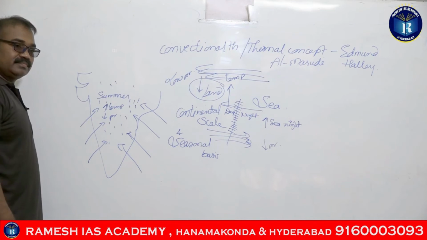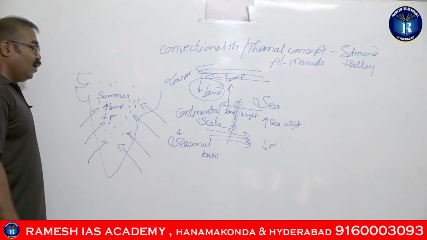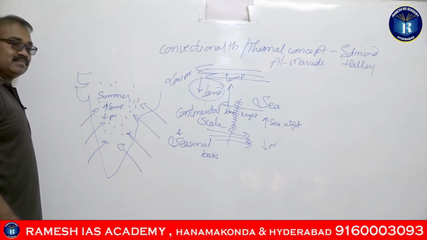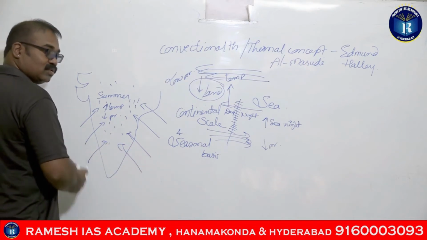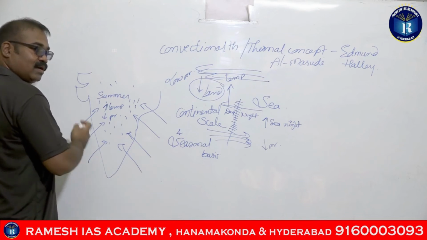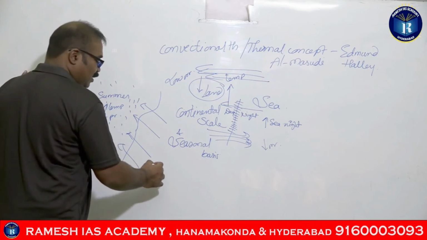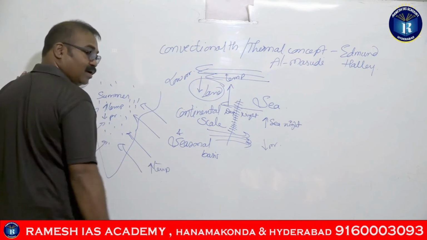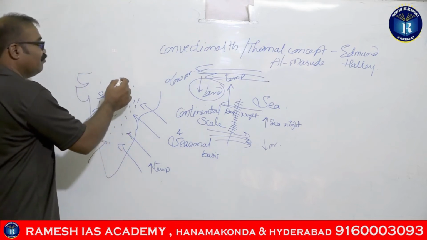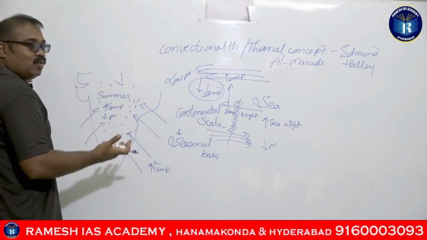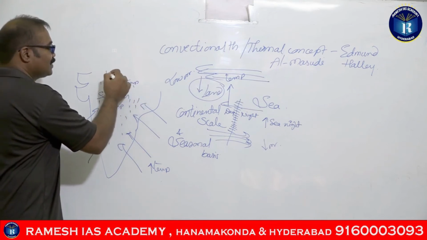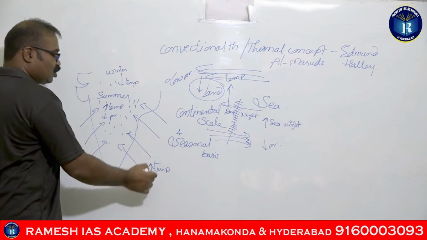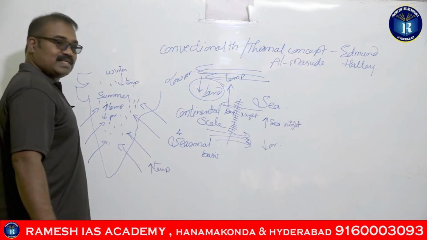And during the winters, what is happening? The water's temperature is higher. The waters are present surrounding peninsular India, guys. During the winter, the land will become cooled at a faster rate. So in winter the temperatures are lower here, which means automatically the temperatures are higher in the surrounding seas.